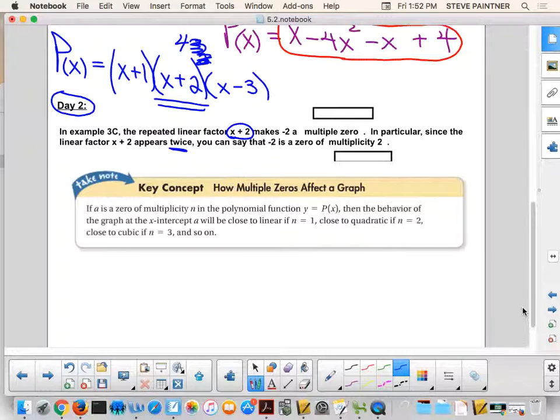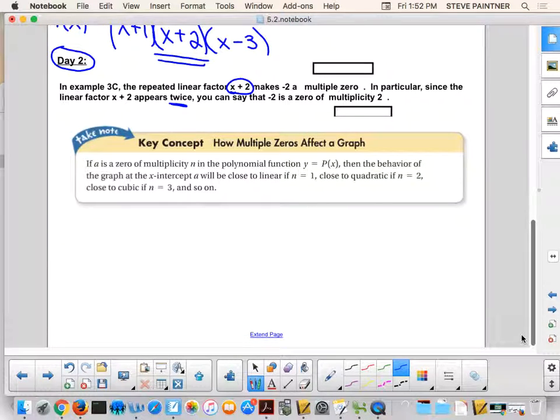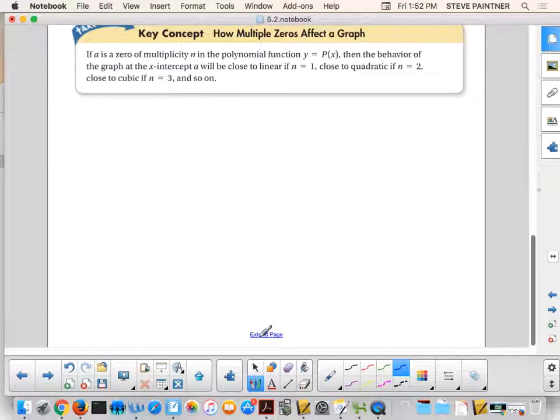Okay. Now, can you do me a favor? Don't read this until later. Later you can read it and see if it makes sense. But don't change page. Stay here. Underneath, you have a little bit of room. Underneath, you want to write this. We are going to talk about multiplicity.